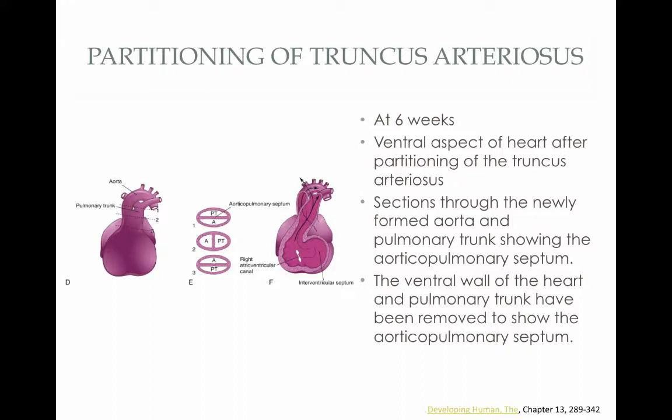So at 6 weeks, the ventral aspect of the heart, after partitioning of the truncus arteriosus, we see that now we have this pulmonary trunk and aorta. And this pulmonary and aorta trunk, you can see again those same cut planes. Now there's this septum, this aorticopulmonary septum that's forming.